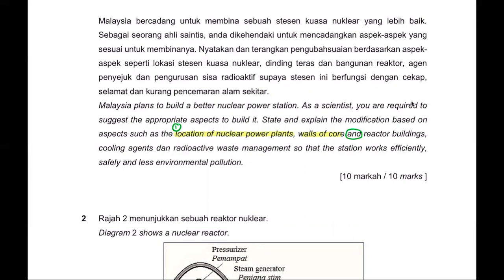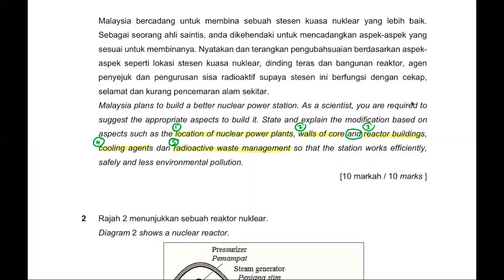Walls of core is number 2, and walls of reactor buildings is number 3. Number 4 is the cooling agents. And number 5 is the radioactive waste management. So you have 5 aspects and 5 suggestions for you to get 10 marks.